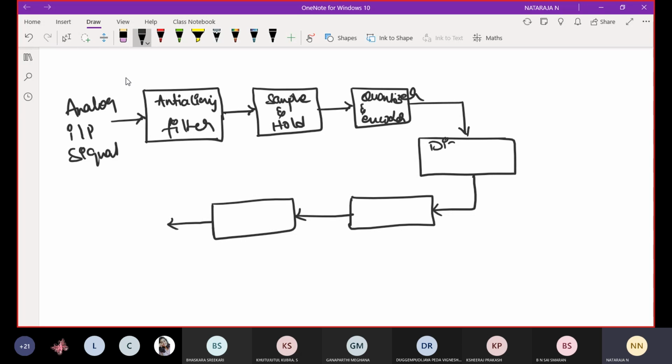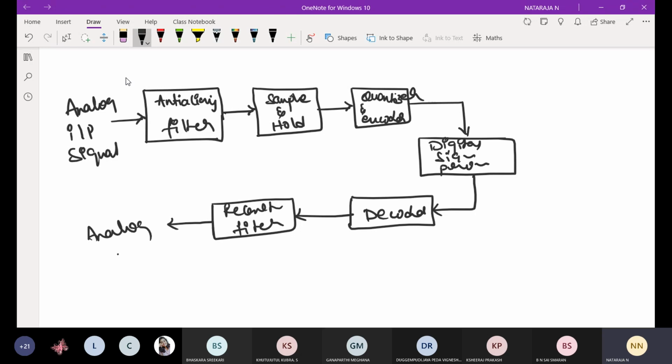This is my digital signal processing. This is my decoder. This is my reconstruction filter. This is again the analog output I am going to get.